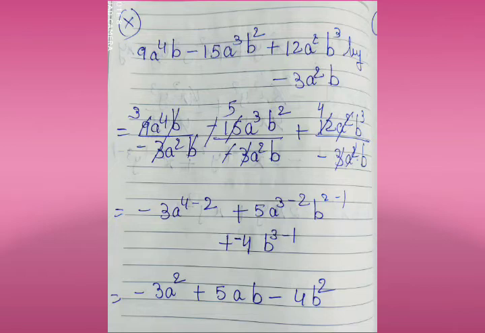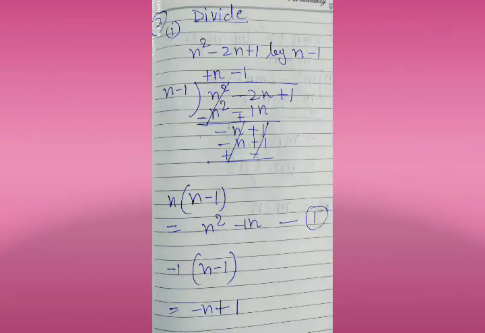Now question number 2, division. This division is called the division of polynomial by the binomial. Two terms are here. Till question number 1, all division was a division of polynomial by monomial, but in question number 2 this is the division of polynomial by binomial.